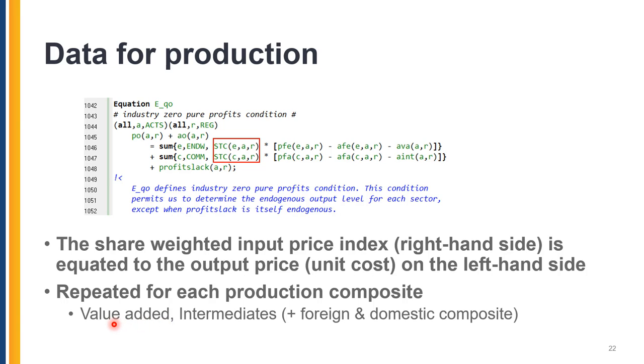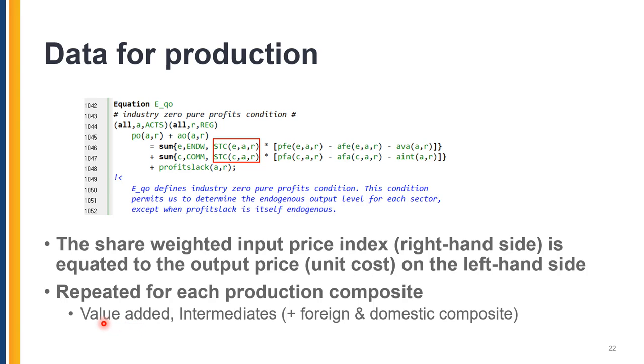So you'll see that the average cost, or the unit cost, of making a value-added composite good must be built from the share-weighted cost of all the inputs in the value-added nest. That means a different set of shares, right?